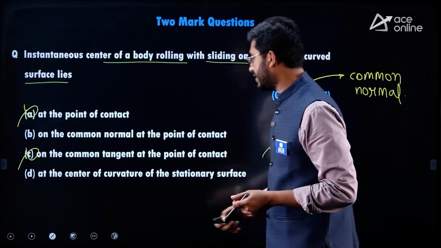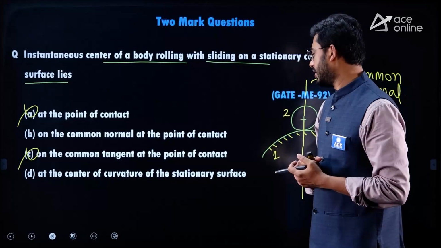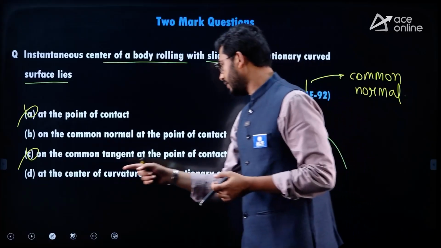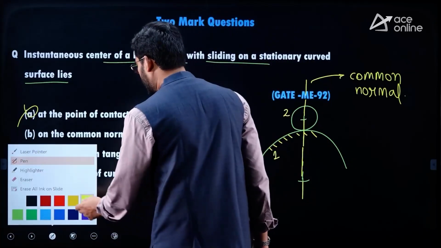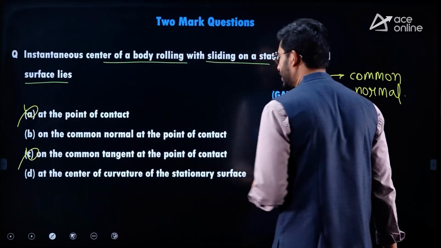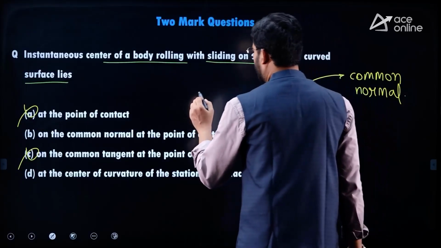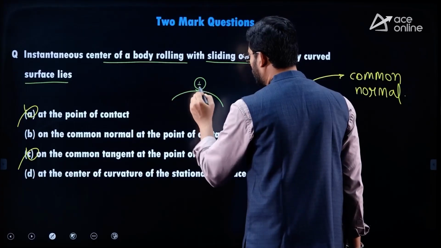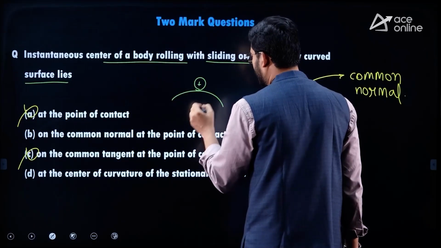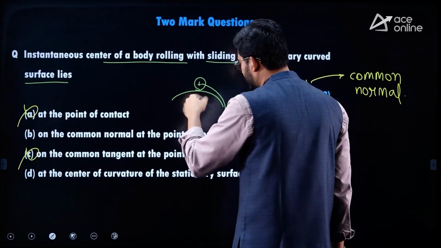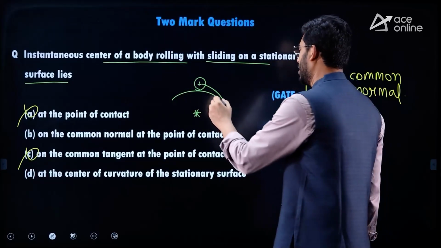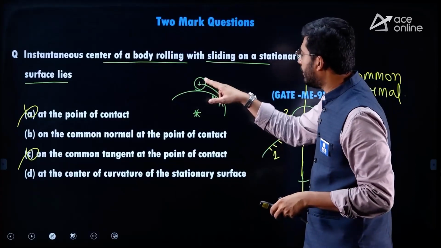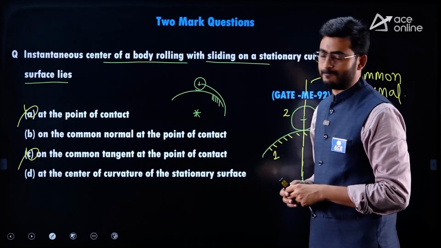Okay, and next, at the center of curvature of the stationary surface. Is it? Here, if we try to understand at the center of the curvature, which means the body is tending to move about the center. It is moving around the circumference and about the center it is going to move. So this body will not have any rotation about its own axis.